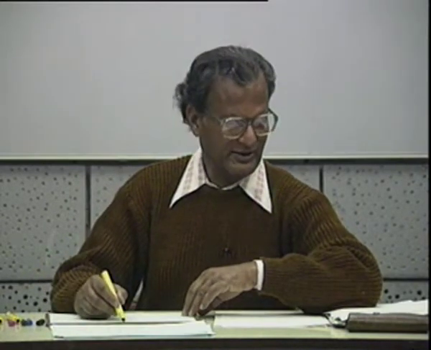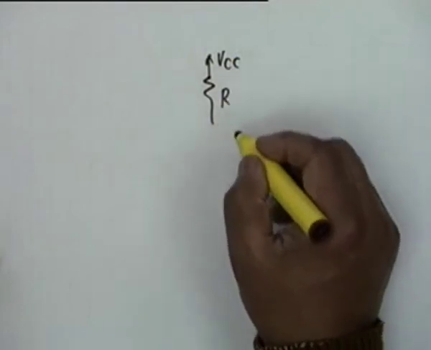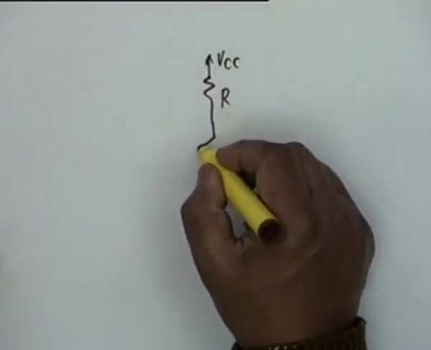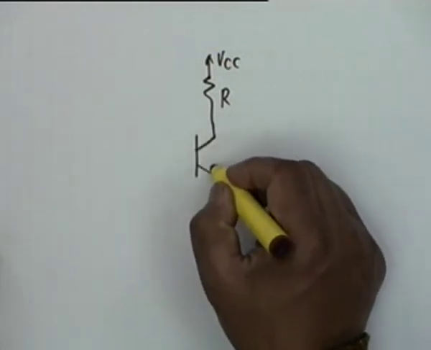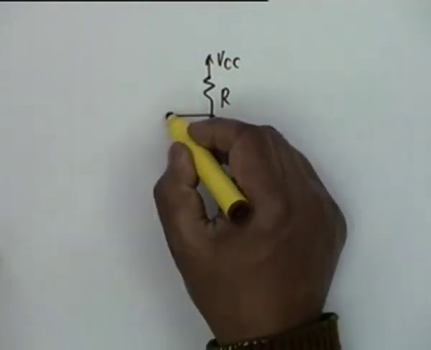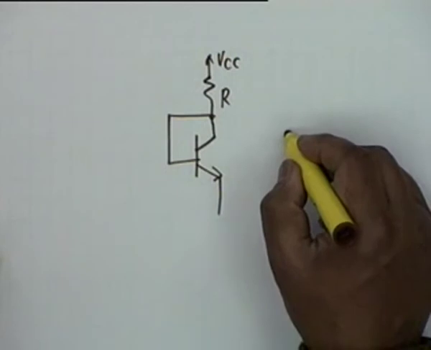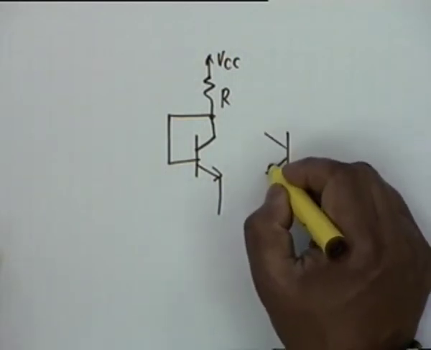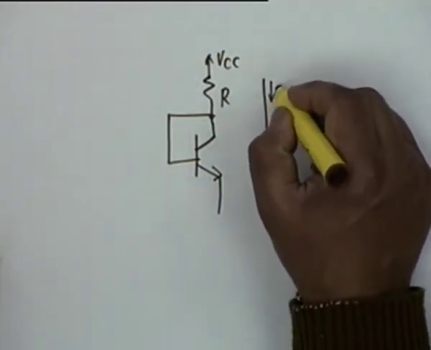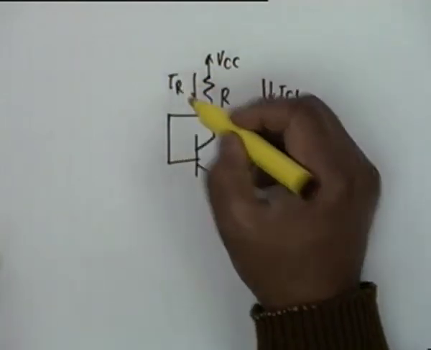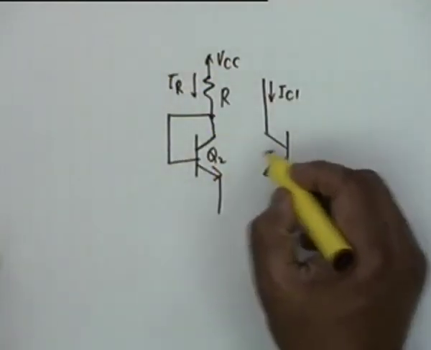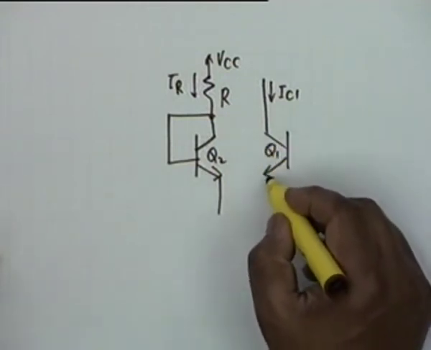So we take the ordinary transistor. This is connected to the base, and then we have this is I sub C1, this is IR. This we call Q2, and this is Q1.